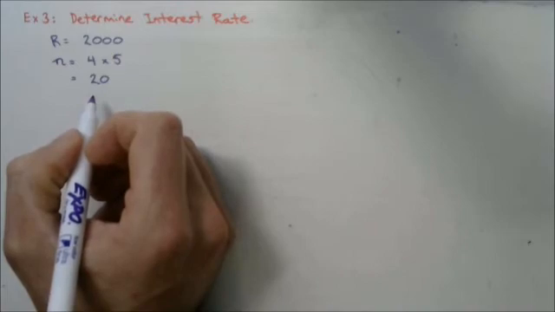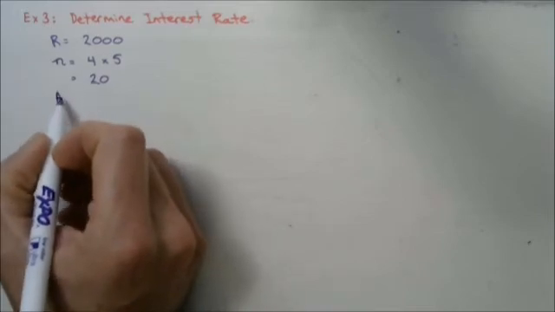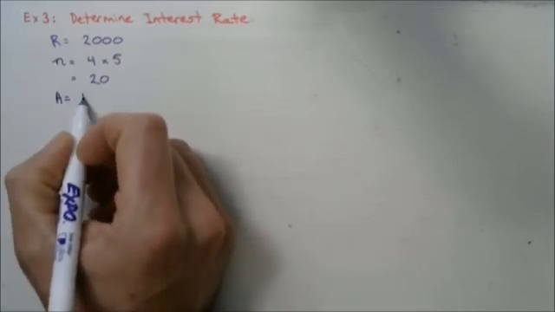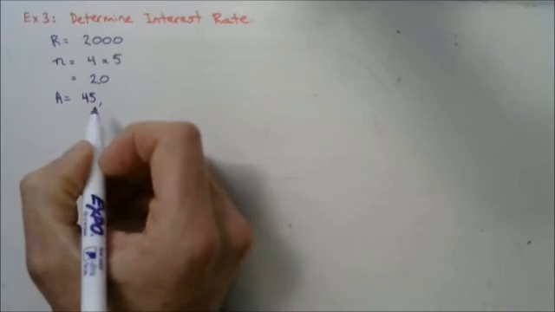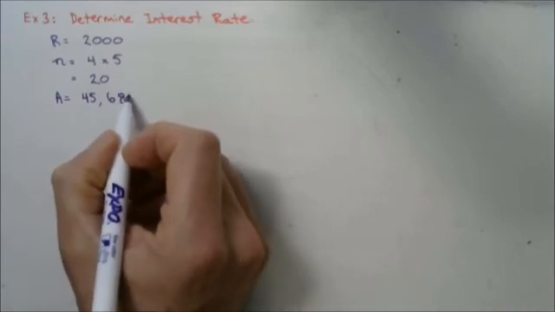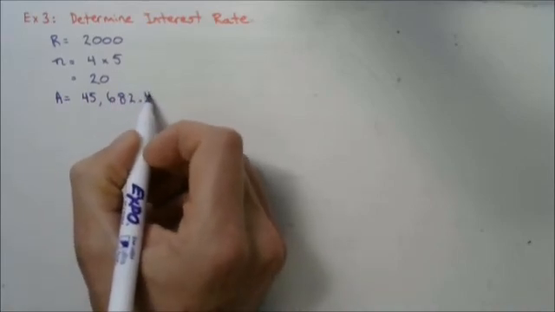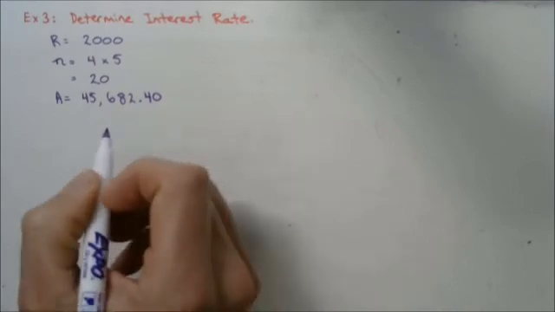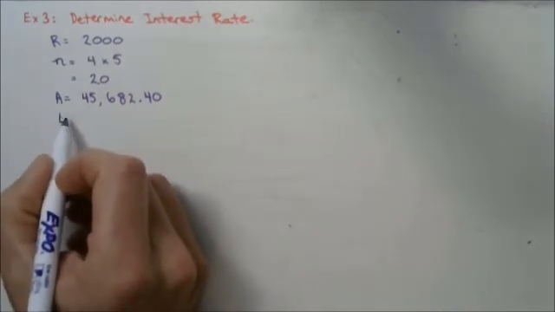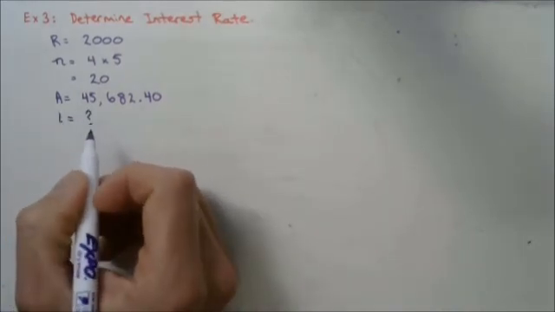His financial advisor informs him that his investment will grow to $45,682.40. So that's the amount. At the end of it all, he's going to have $45,682.40. We do not know what I is.